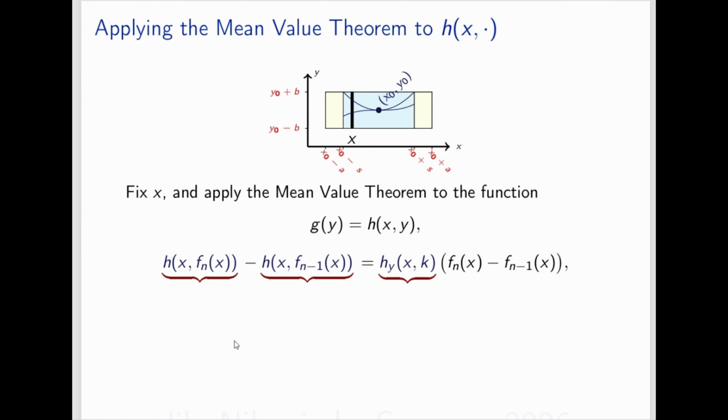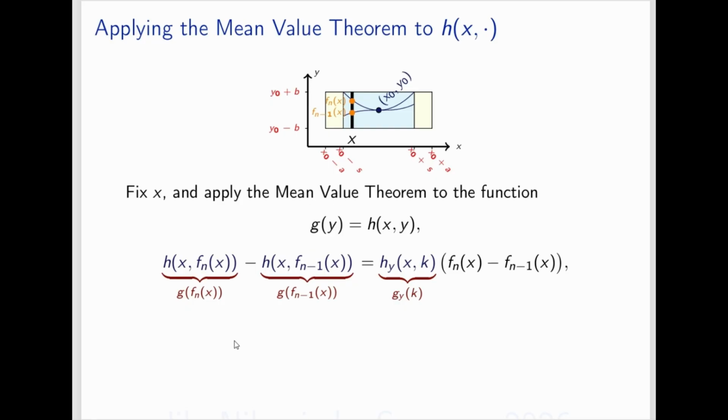Now, by mean value theorem, h of x and f sub n of x minus h of x and f sub n minus 1 of x is equal to h sub y of x and k times the quantity f sub n of x minus f sub n minus 1 of x.